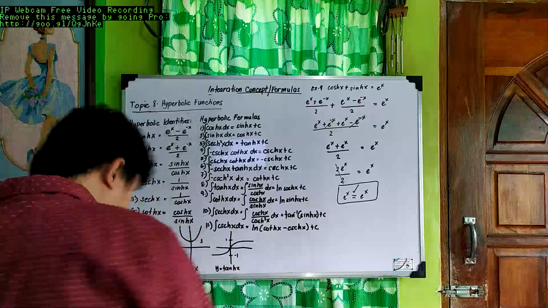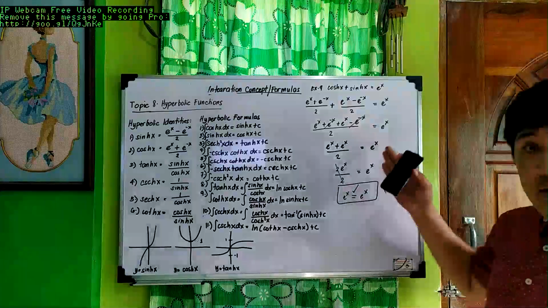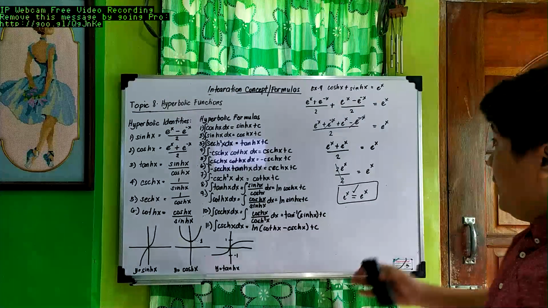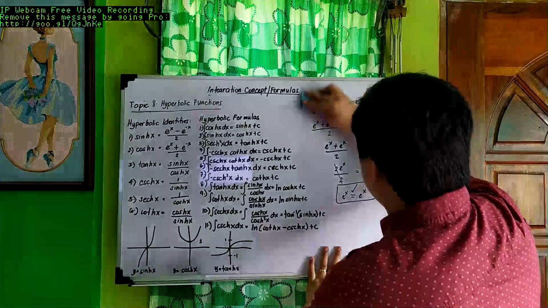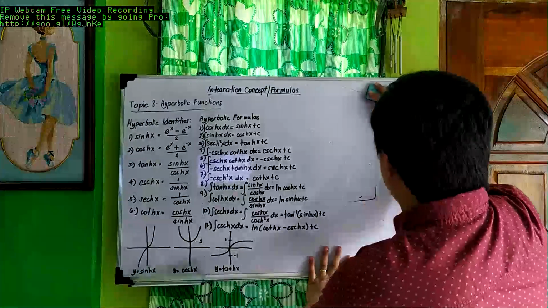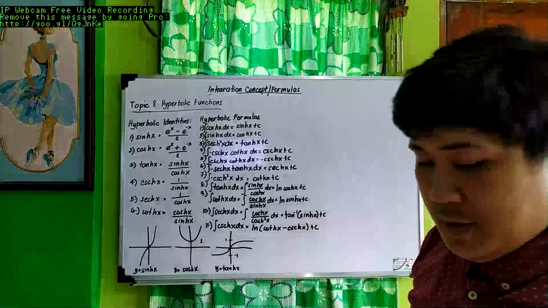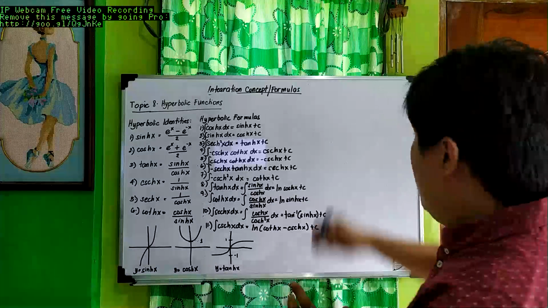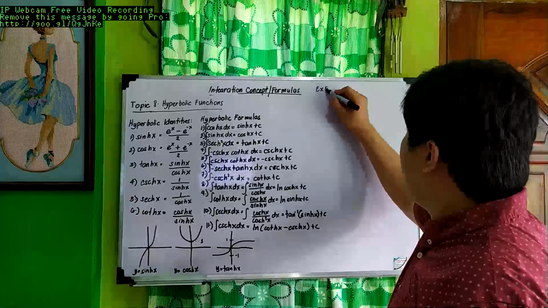Okay, can we see this first? Okay, now I'll erase. Let's have another example. Still identity, so that later on when we do solving, we will know that is the equivalent.